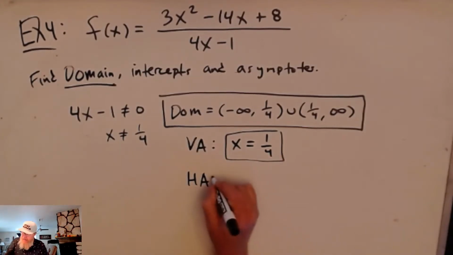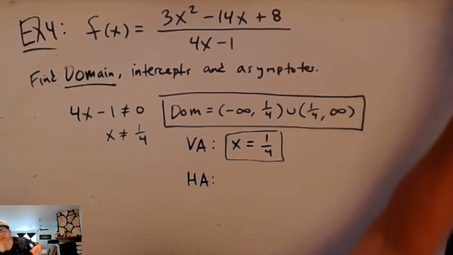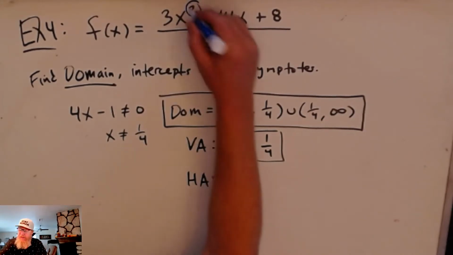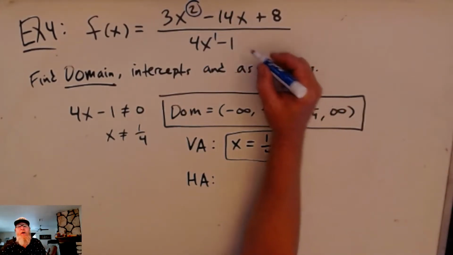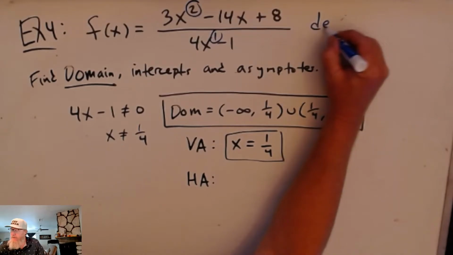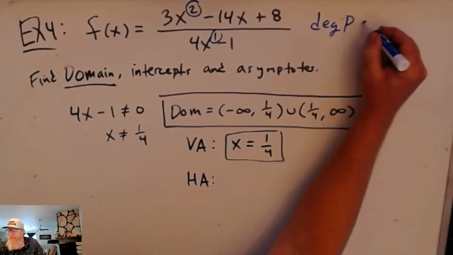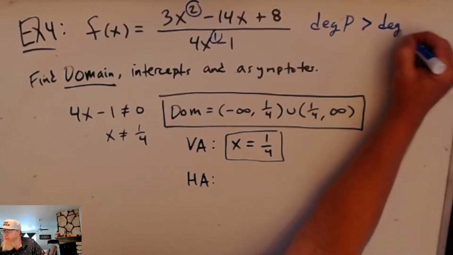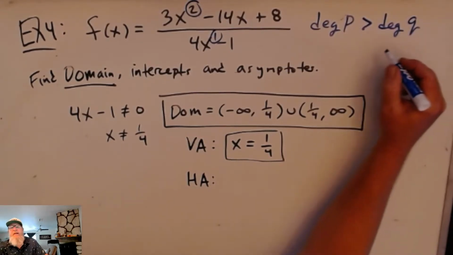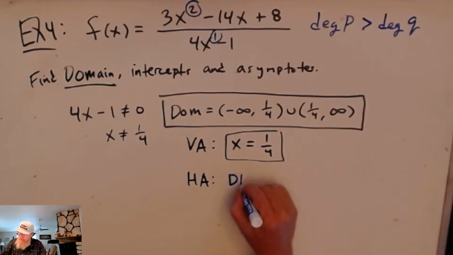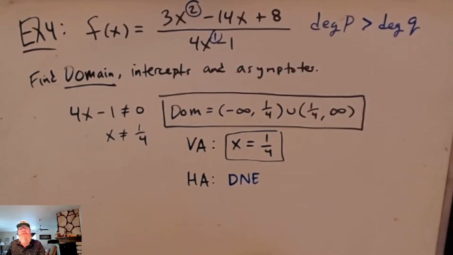The HA, all right, so this time the degree of the numerator is 2 and the degree of the denominator is 1. So the degree of P is greater than the degree of Q. And so that means the HA does not exist.